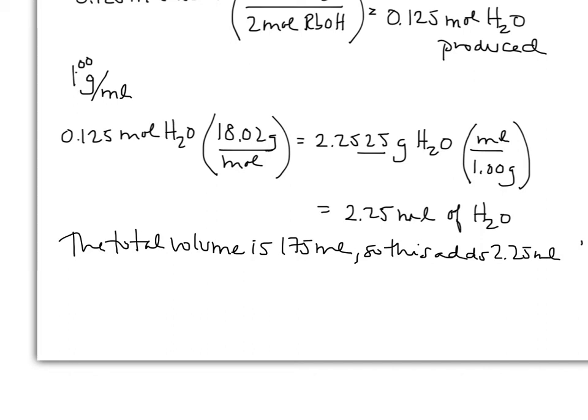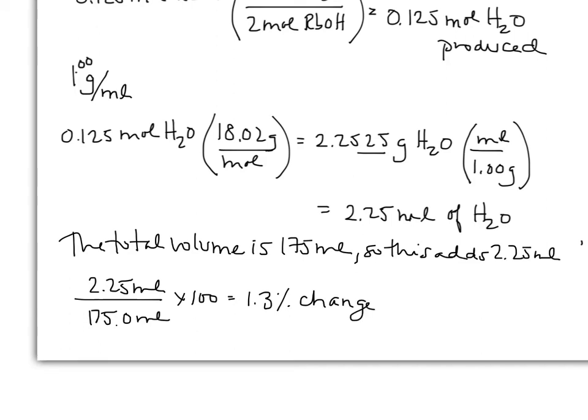The other thing we could do is calculate the percent change by taking 2.25 milliliters and dividing it by 175 milliliters and multiplying that by 100 to get a percentage. And so this comes out to be about 1.3% change. So we've increased the volume by a little over 1%.